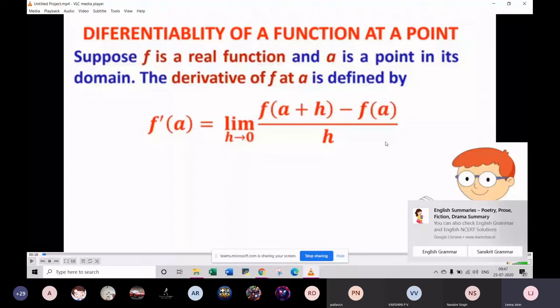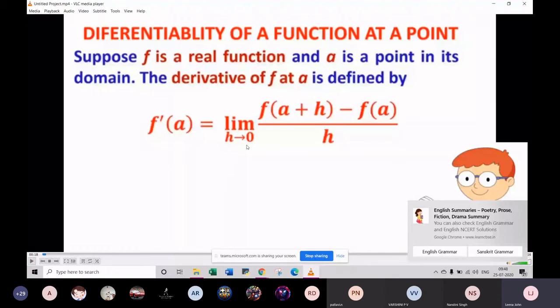If it is f dash 2, what will that be? f dash 2 means the derivative of f at 2, where 2 is a point from the domain of the function. f dash 2 means here we have f of 2, so we have f of 2 plus h minus f of 2 by h, as h tends to 0.